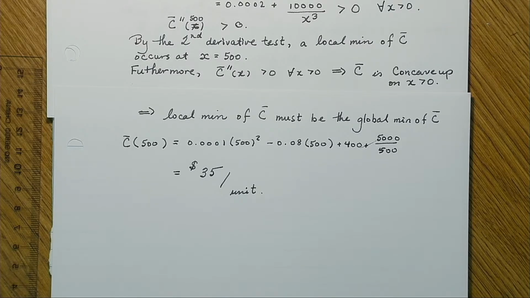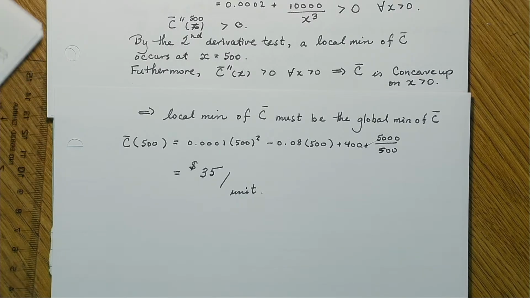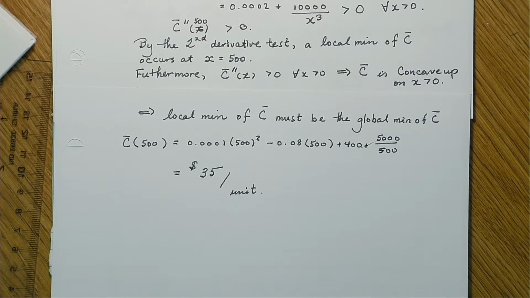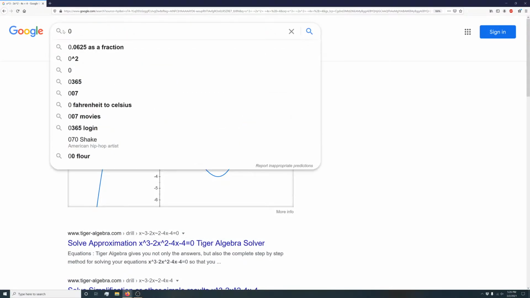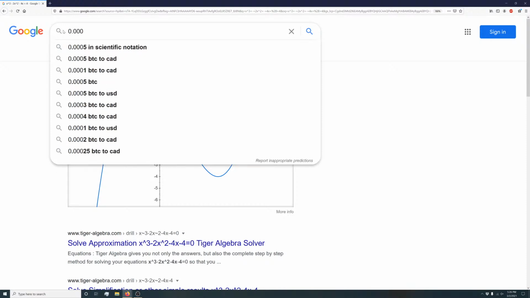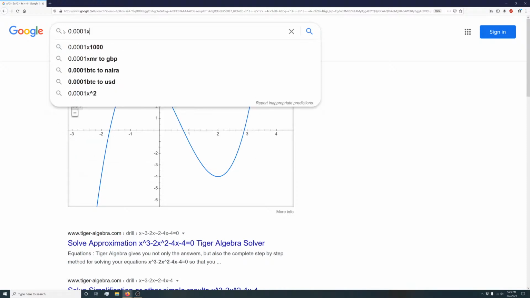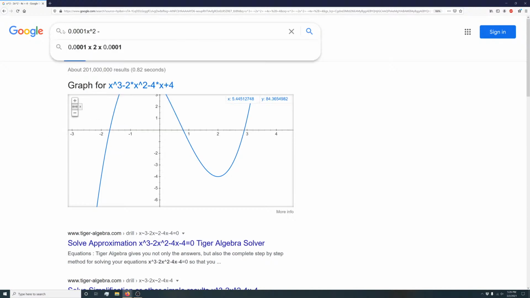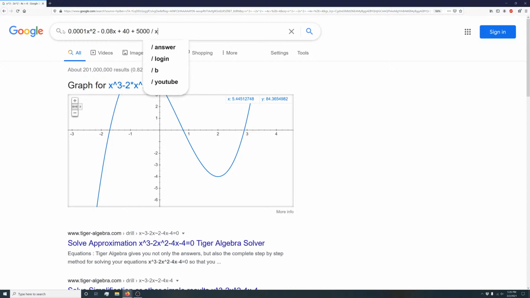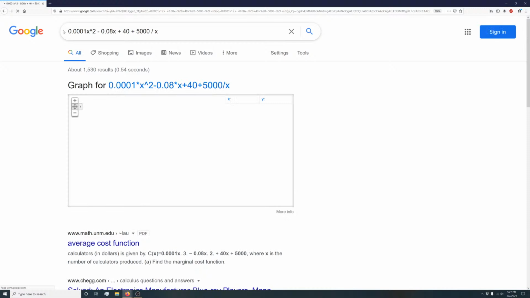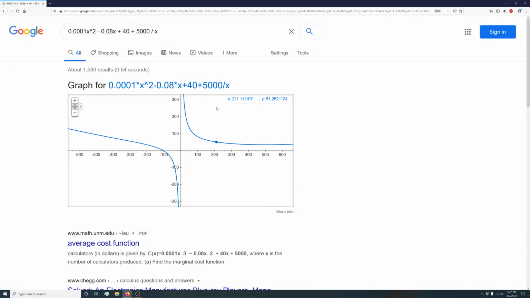So with the last remaining minute or a couple of minutes, let's jump over to the screen. And what I'll do is put in that value: 0.0001x squared minus 0.08x plus 40 plus 5,000 divided by x.